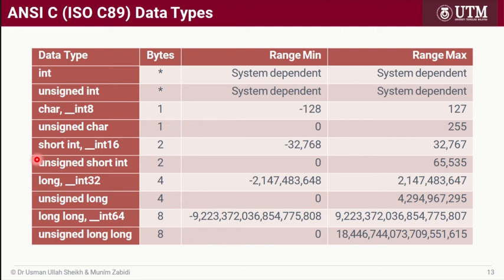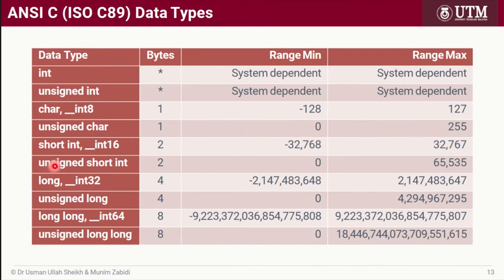If you're going to use short int, the size of this short int is actually 2 bytes, which is equivalent to 16 bits. That ranges from -32,768 to 32,767. So this is the range of the data.